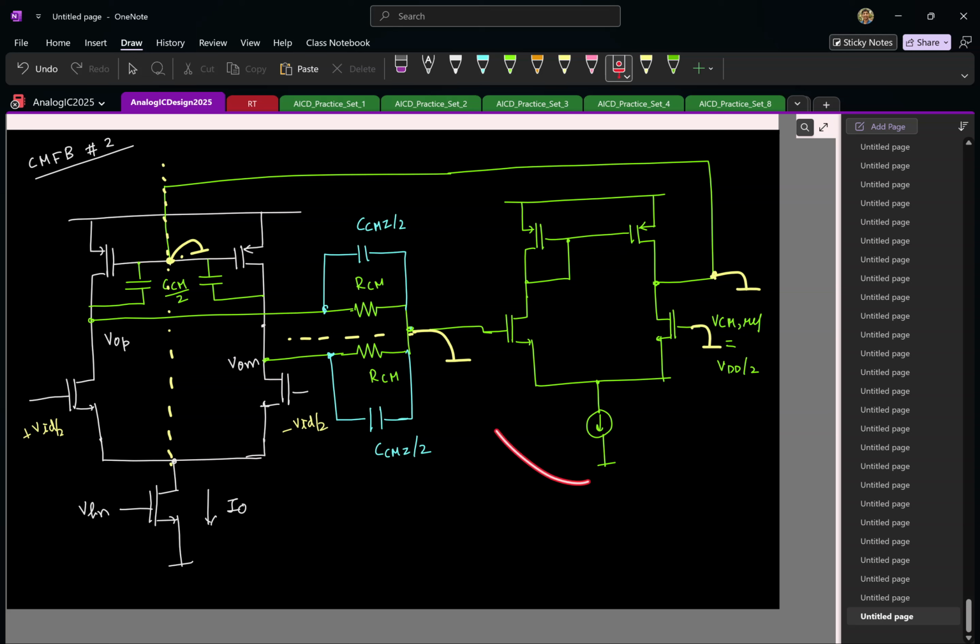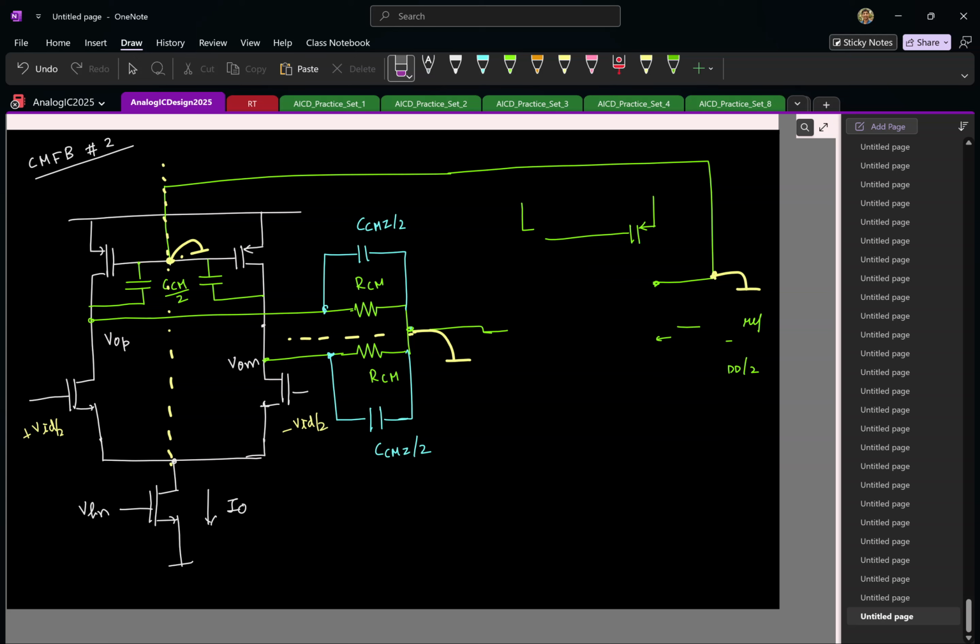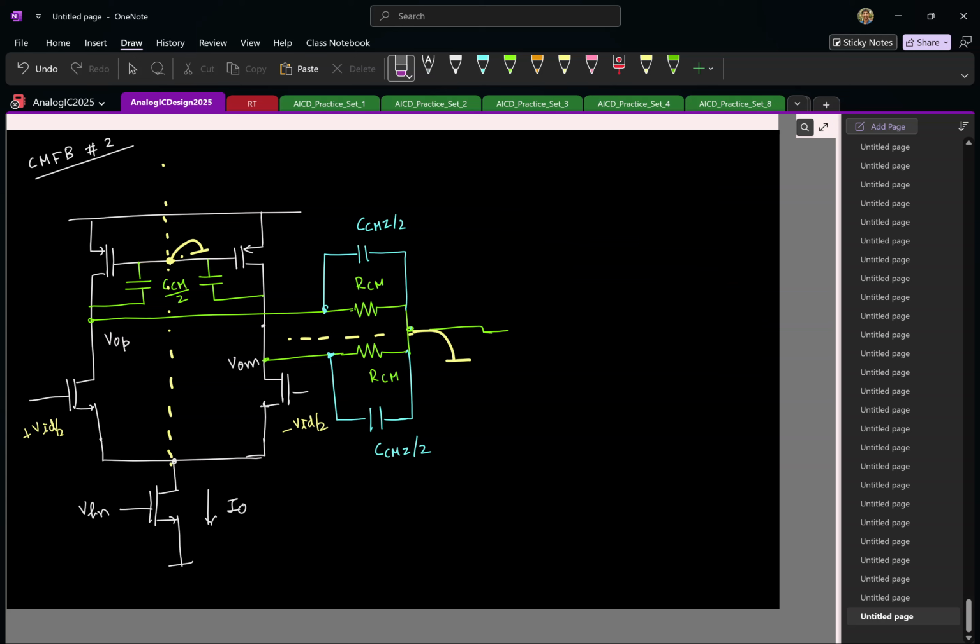Now you see that this fellow's inputs are shorted for small signal, outputs are also shorted for small signal. So what can I do to this? Yeah, I can basically completely ignore it. So I'll erase it here itself. Okay.